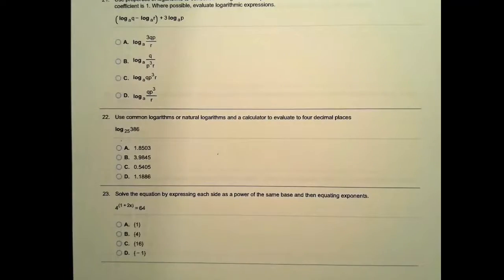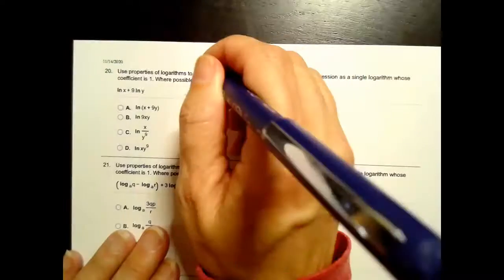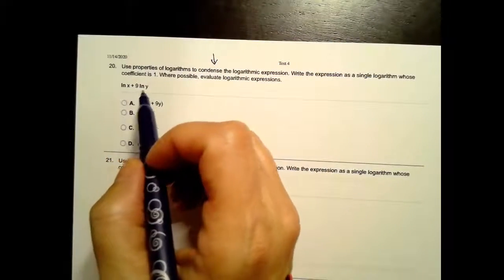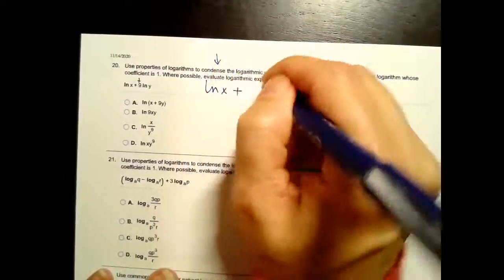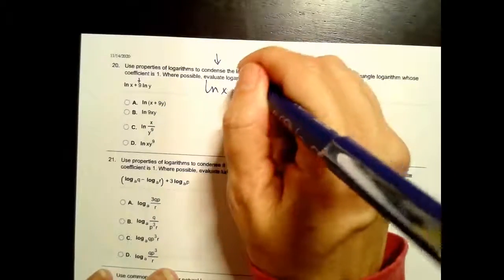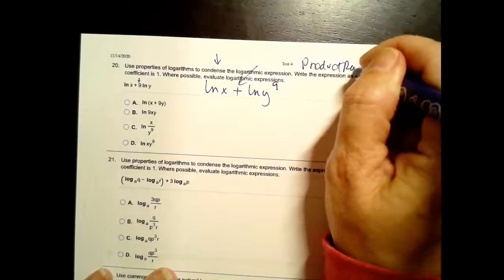Okay. Next. What are we doing this time? Okay, we are going to condense. Again, condense. That means it's expanded and we're going backwards. I see a number out front. That tells me it was a power. So this is natural log x plus natural log y to the 9th. And then this is addition, which tells me it was the product rule.